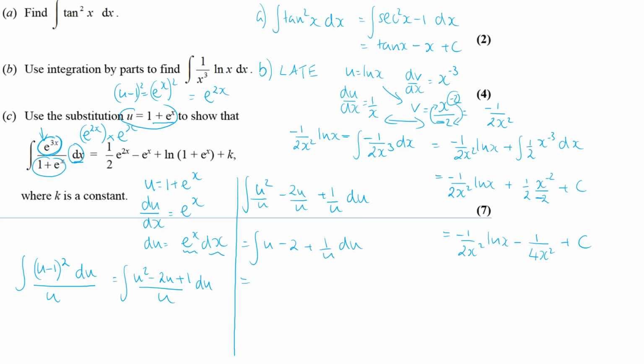And now I can integrate, it's u squared over 2 minus 2u plus the ln of u plus c. And then we have to substitute back. U was 1 plus e to the x, so it's a half of 1 plus e to the x, all squared, minus 2 of 1 plus e to the x, plus the ln of 1 plus e to the x, plus c.